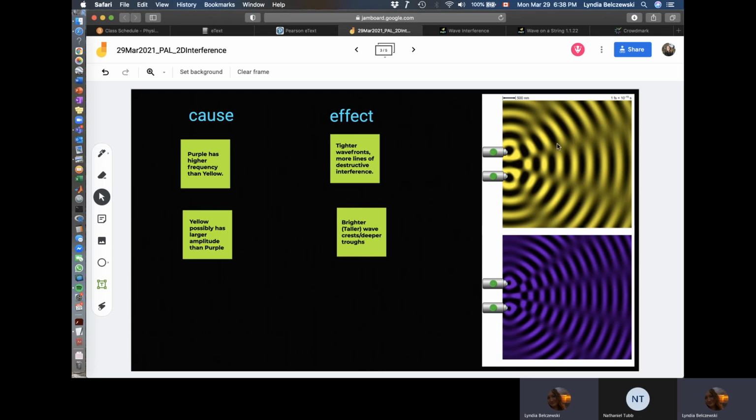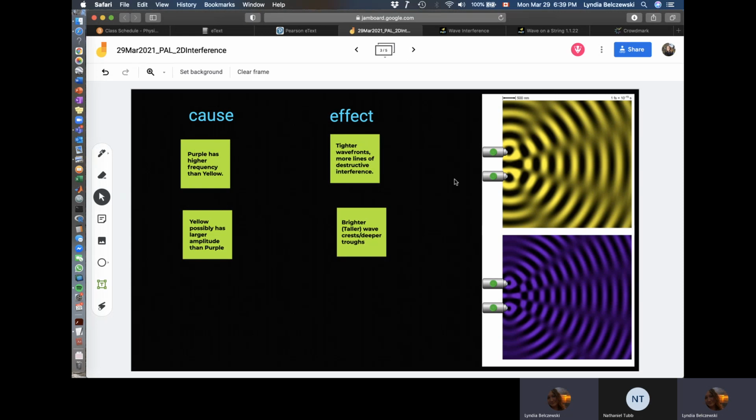Remember, you can have partial destructive interference between those nodal lines, where the waves cancel out but not completely, because maybe one wave is up and one is down, but the size of one is a bit bigger at a certain position.